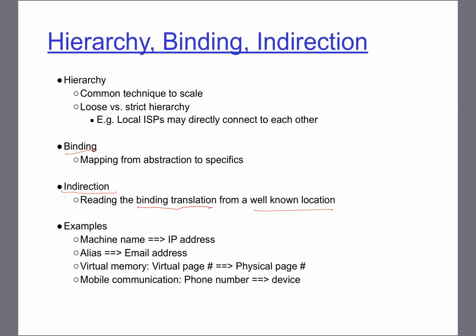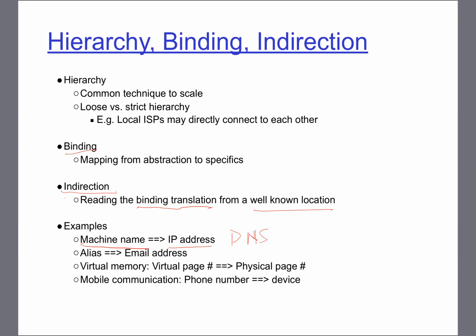So let's say you know the name of a machine, for example, remote.cs.binghamton.edu, and you say SSH to remote.cs.binghamton.edu. How does the SSH command know which IP address to talk to? Well, there is a mapping from machine name to IP address. This is maintained by a service called DNS, domain name service.